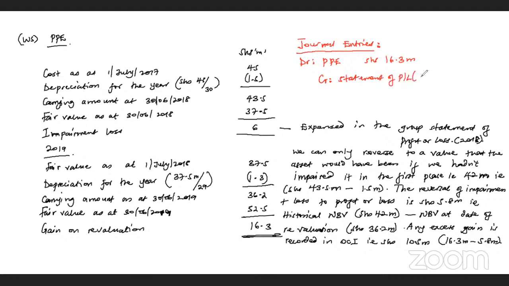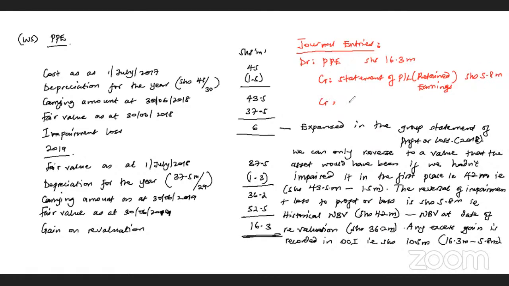In this case, I'll use retained earnings because we have no profit and loss. This will be 5.8 M.